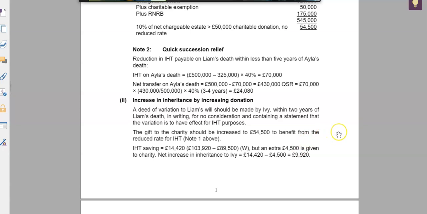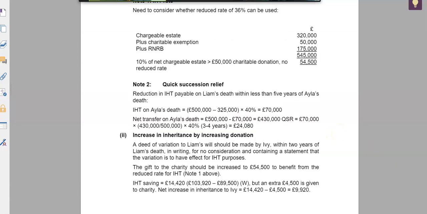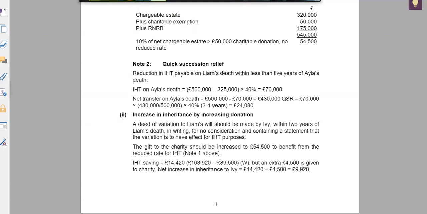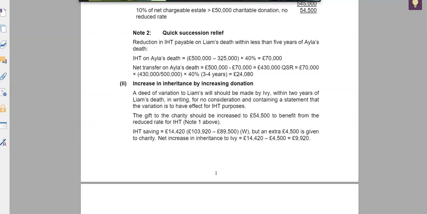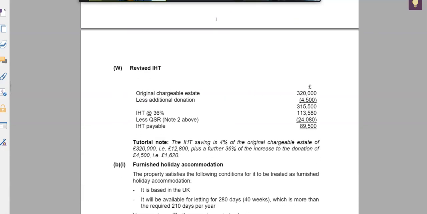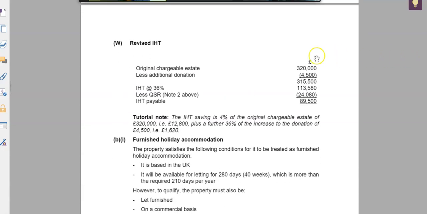Are you clear on this? Exactly. The savings minus the amount which is not getting. So that's the net saving, the net increase in the inheritance. And here we have the revised calculation of the IHT.